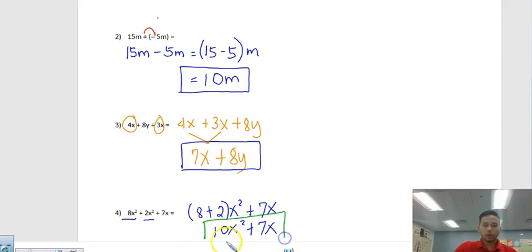You cannot combine 10x squared plus 7x. Yes, they have the same variable, but your exponent are not. So always remember that if you don't have any exponent, there is an invisible one here. So again, in combining like terms, take a look at the variable.